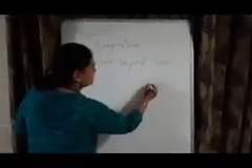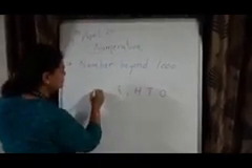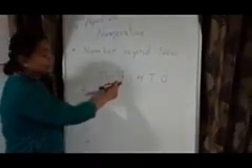Now, numbers beyond 1000. Ones, tens, hundreds, thousands and ten thousands. How are we going to read numbers beyond 1000? Children, I want you to be very thorough with the places, because we are reading numbers based on these places.